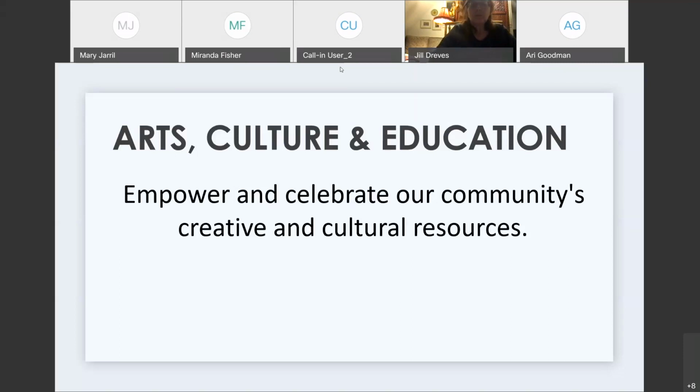Well, I don't know how to raise my hand. I've been trying to, I don't know how to do that with this. Because I think that everyone's very focused on the schools. At least that's what I think I'm hearing. And arts, culture, and education could be Miners' Day. Education could be the Mining Museum.